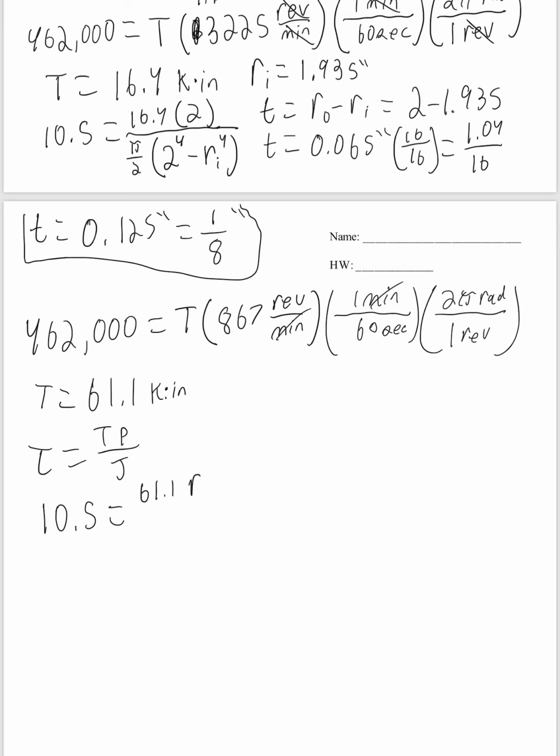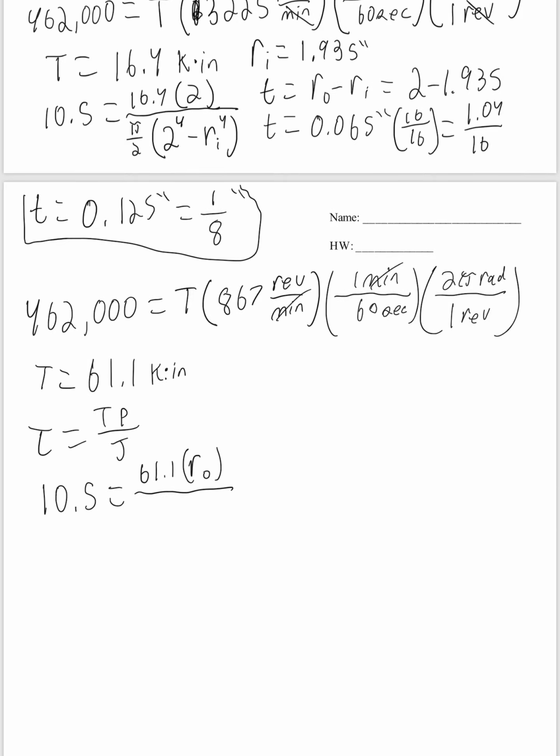Rho will just be outer radius, which we don't know yet. And on bottom we get pi over 2 times the radius, or radius outer, same thing, to the fourth. We end up getting a radius of 1.547 inches.